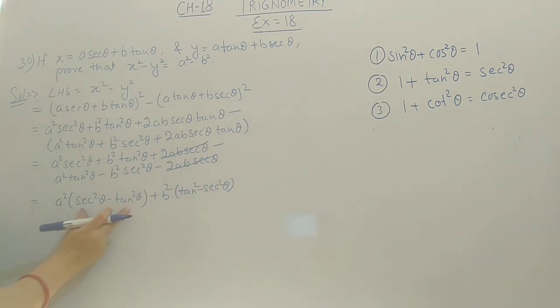Sec square theta minus tan square theta is equal to 1 from the second identity, and here tan square theta minus sec square theta is equal to minus 1. The place of tan and sec is interchanged here, so we will get minus 1. So finally we are getting a square minus b square, which is equal to the right side, hence true.